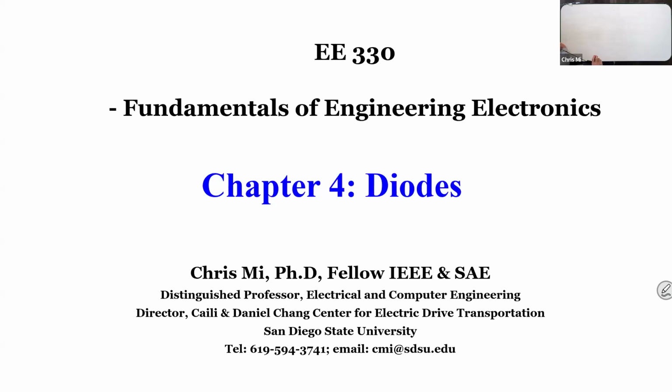CMOS is 2 MOSFETs together, complementary, like PMOS and NMOS, right? And you have Darlington BJTs, where you actually have 2 BJTs together, and you have some others like Zener diodes, and so on. But they are all made of these fundamental components.